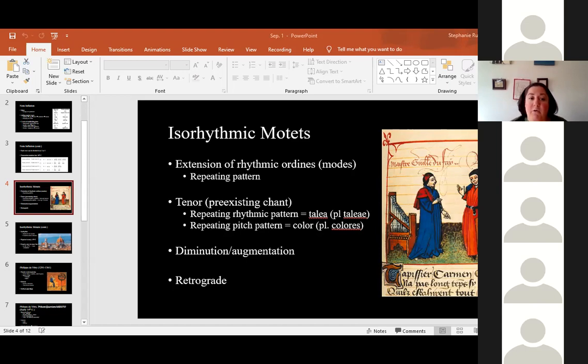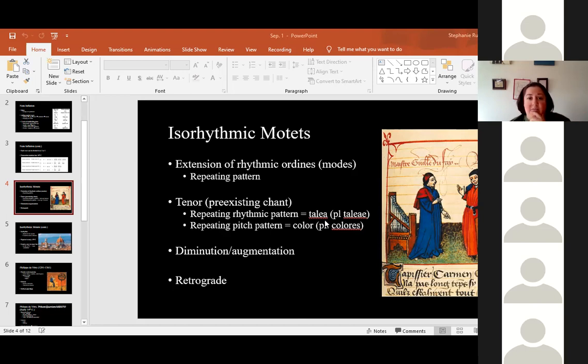Now, isorhythm was mostly a technique that was used in motets, and that's what we're focusing on, isorhythmic motets. But also be aware that this could happen in masses too, right? The composers could use the same technique in their masses. So let's look at these in practice. Oh no, I'm sorry, one more thing. Remember that the motet is a learned genre, right? So this is one of those types of things that takes score study, because you have to look at the score to figure out when the patterns are repeating.